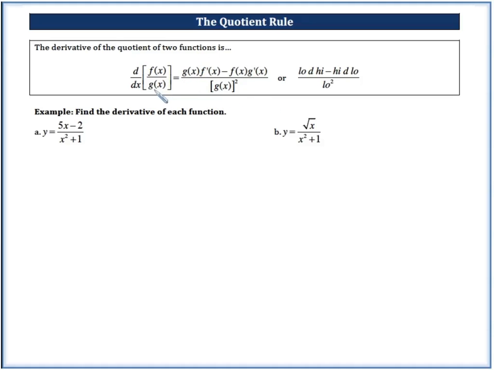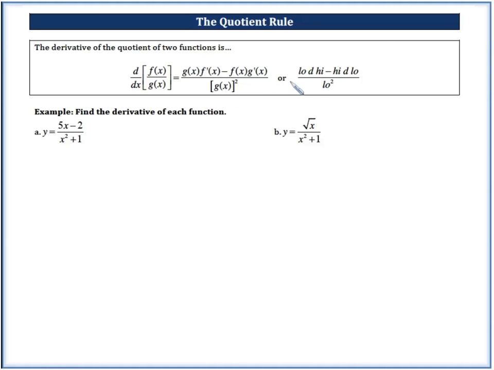It's g of x, or the bottom function, times f prime of x, or the derivative of the top function, minus f of x, the top function, times g prime of x, which is the derivative of the bottom. Then it's all going to be divided by g of x, which is the bottom, squared. So denominator times derivative of numerator minus the numerator times the derivative of denominator over denominator squared.